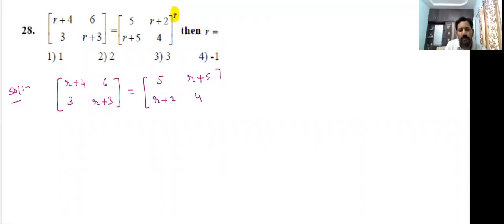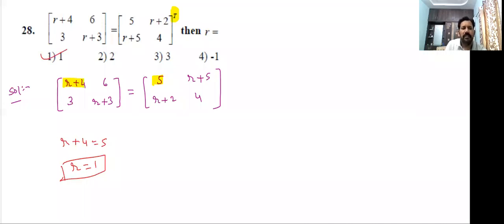Now these two matrices are equal. Equate corresponding elements. R plus 4 is equal to 5. Then what is the R value? R value should be 1. This is the answer. Which option is correct? First option.